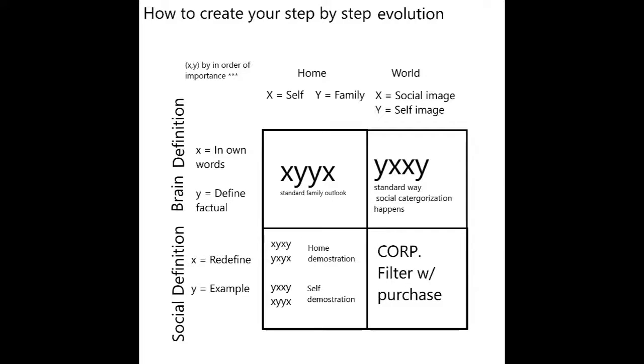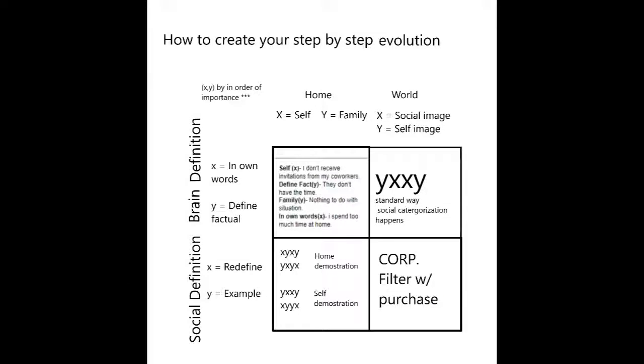First of all, for the pattern XY, YX from top to bottom, left to right, X of importance, and Y being second of importance, top label first, left label second, we get, for X, I don't receive invitations from my coworkers. For Y, they don't have the time.